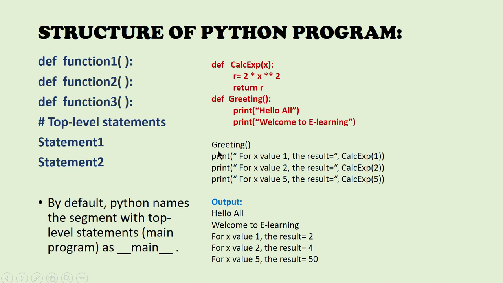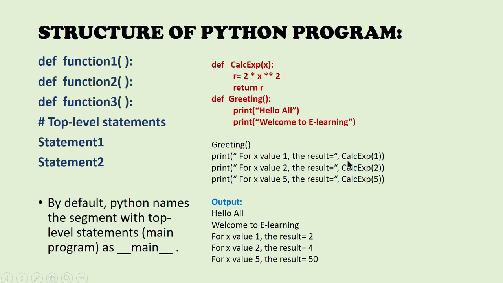Here I have written the function call statement greeting. When you do this, the greeting function gets called and executes the statements under it. What are those statements? Hello all, and welcome to e-learning. These two statements get executed, and that is the output you get. Then print for x value 1, the result is calc expression of 1.